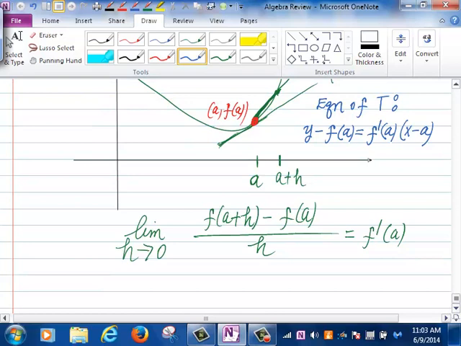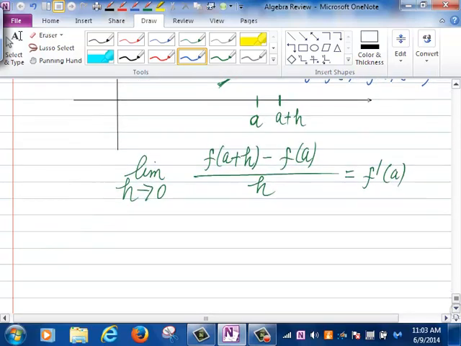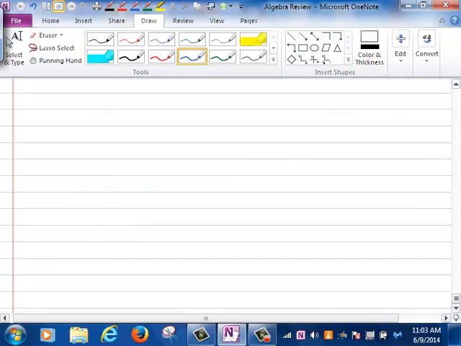All right, so let's do an example. Remember that we looked at the function f of x equals x squared, right? We looked at that function and we computed f prime of 2 to be 4.